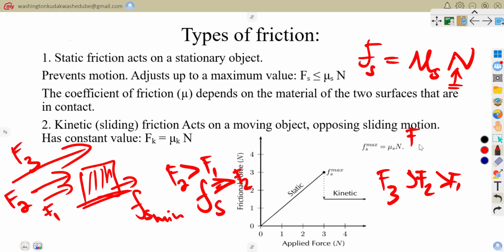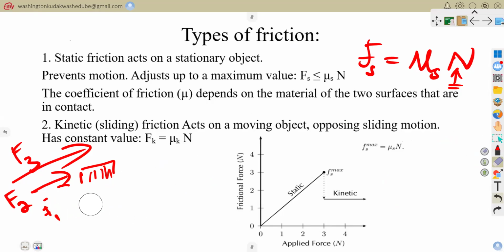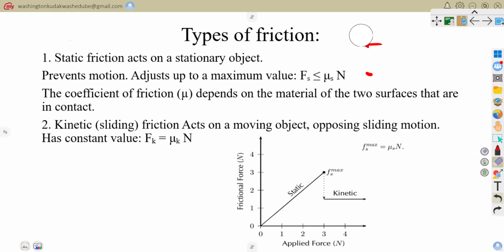Therefore, our applied force F3 is now greater than our maximum reachable static frictional force, which is due to the roughness of the surface as well as the normal force. Hence, I would like to use a diagram that I adopted from a textbook that you use on your grade 12 syllabus, which is drawn here.